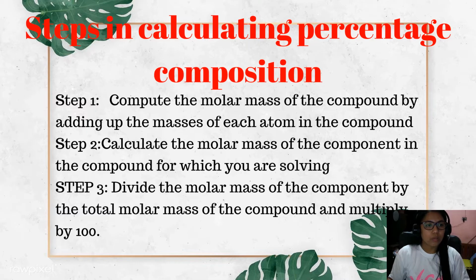So, kailangan nyo munang hanapin yung molar mass ng water o ng H2O. Next, step 2. You're going to calculate the molar mass of the component in the compound for which you are solving. And step 3, you're going to divide the molar mass of the component by the total molar mass of the compound and multiply it by 100.